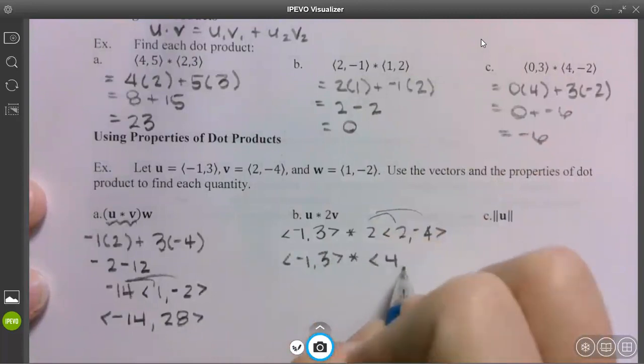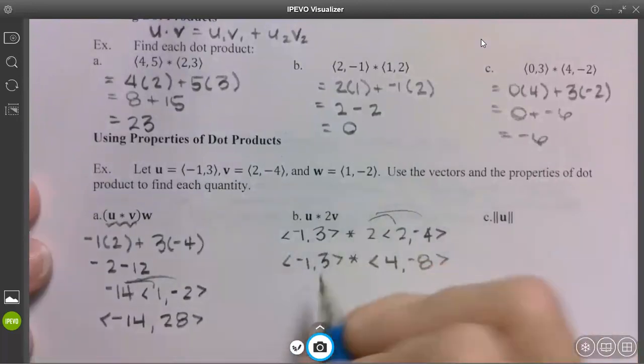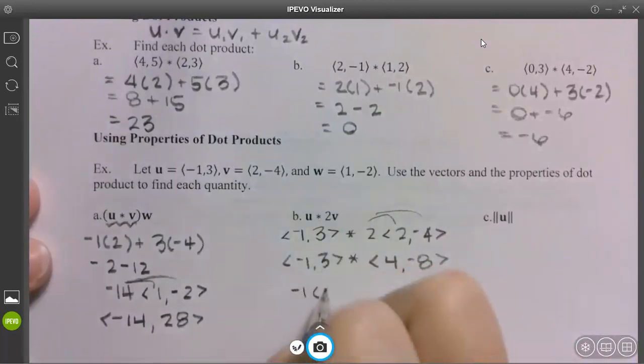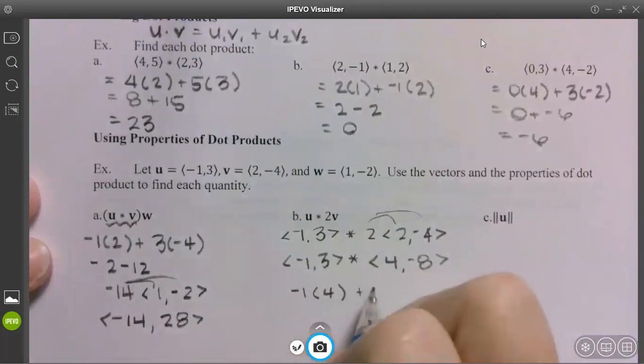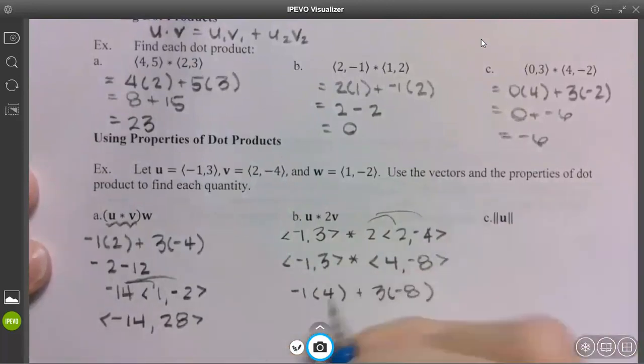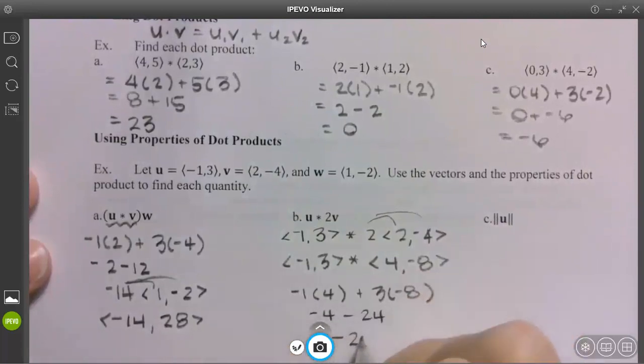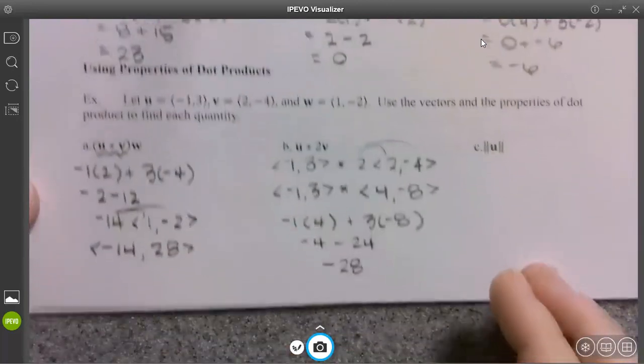And we get 4, negative 8. And then our property says multiply your x's, add, multiply your y's. So negative 1 times 4 and 3 times negative 8 gives you negative 4 minus 24, which is negative 28.